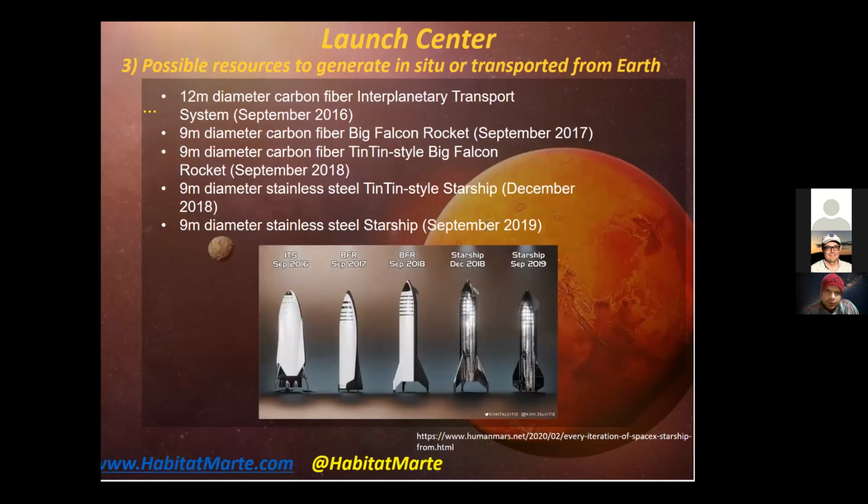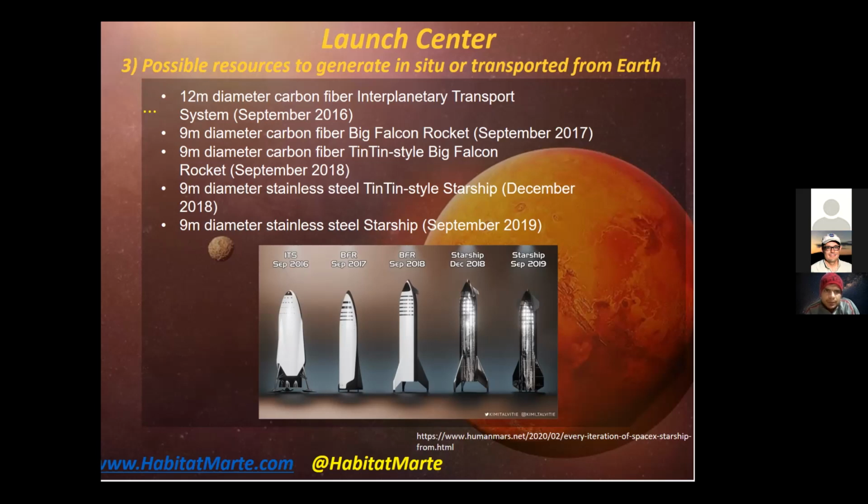And so coming to SpaceX's idea of Martian single stage to orbit, there is a rocket named Starship. They have been working since 2016, and they have already made some modifications to it. Earlier there was a 12-meter diameter carbon fiber Interplanetary Transport System, which can be seen in figure 1. After that, a 9-meter diameter carbon fiber Big Falcon Rocket, which can be seen at number 2.